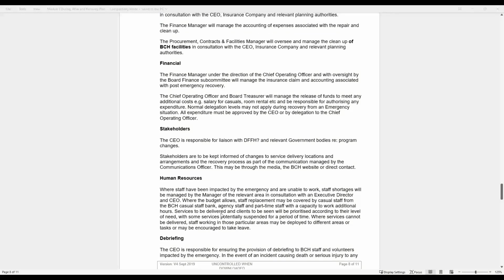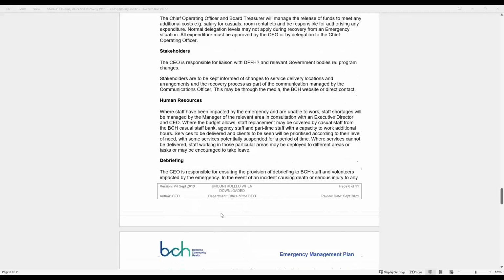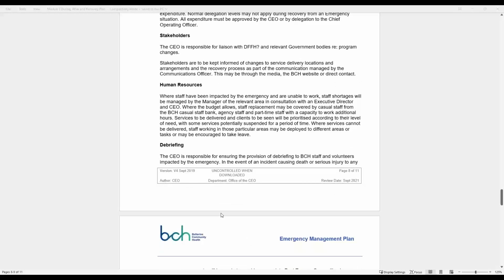We also have clear areas around financial management with the chief operating officer, and stakeholders, where the CEO will liaise with department and non-department agencies. HR and debriefing will also occur in consultation between the manager of HR, the executive director and the CEO.